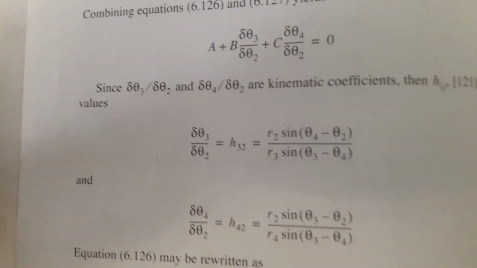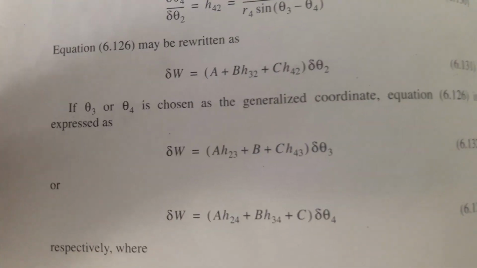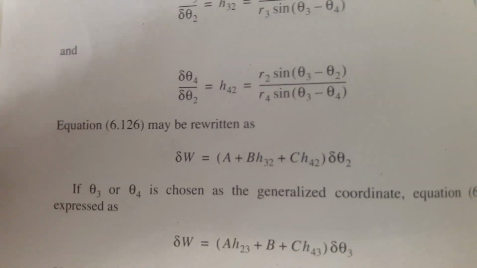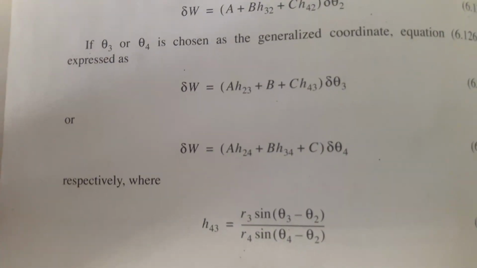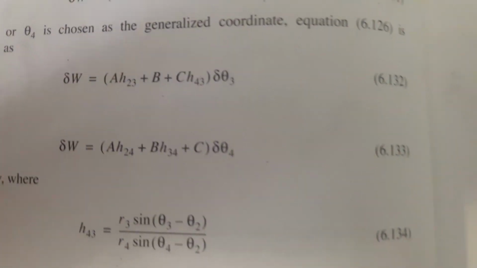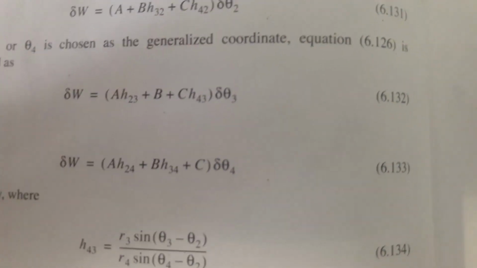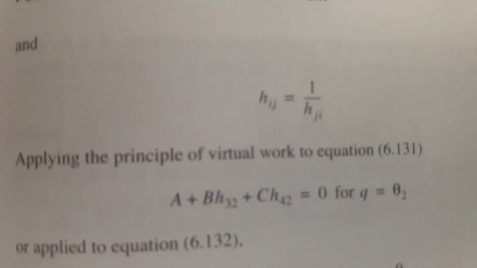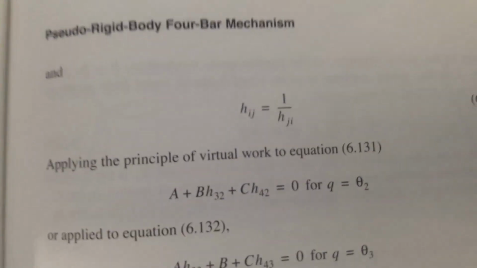And so in some sense, we don't have to have theta 2 as a generalized coordinate. We can have these other ones as generalized coordinates, and that'll give us possibly other expressions. Okay, so, and we can get whatever kinematic coefficient we need.